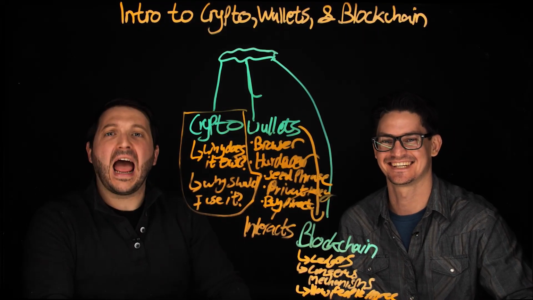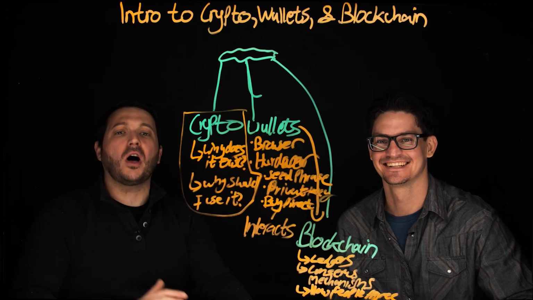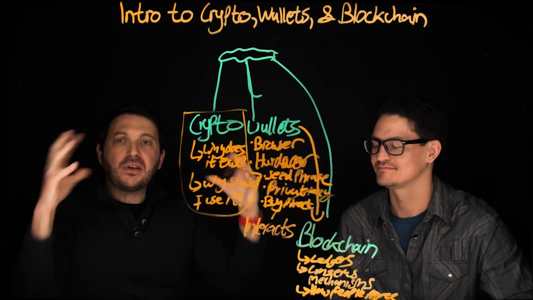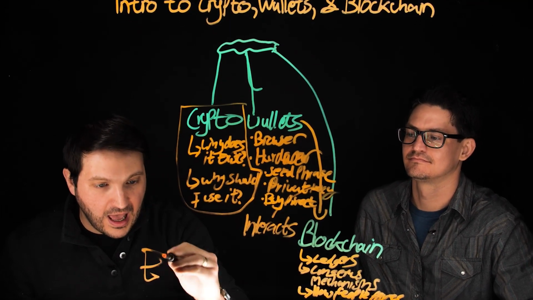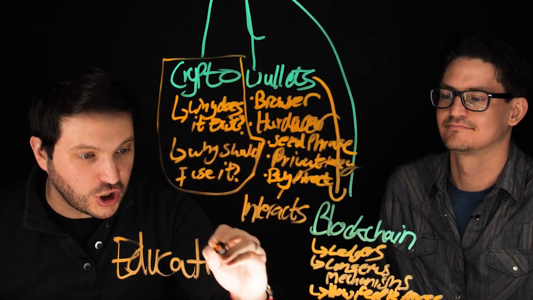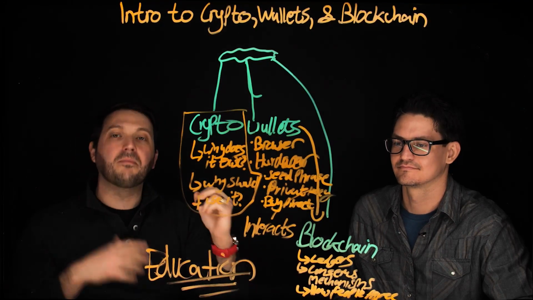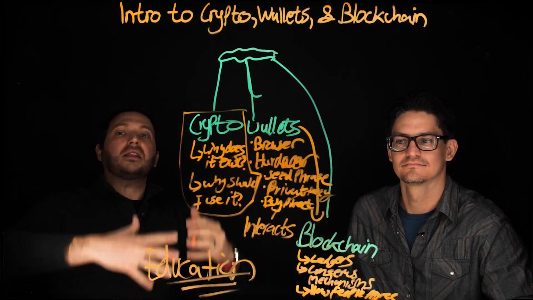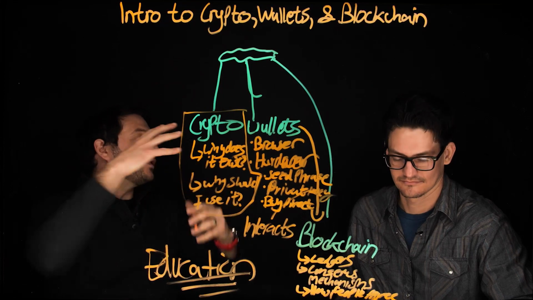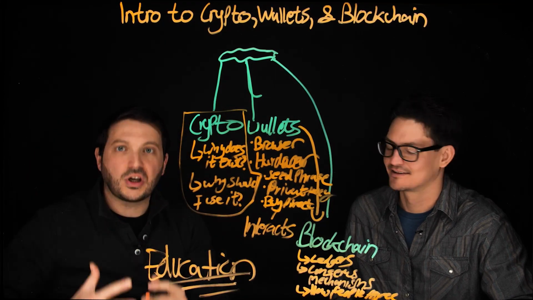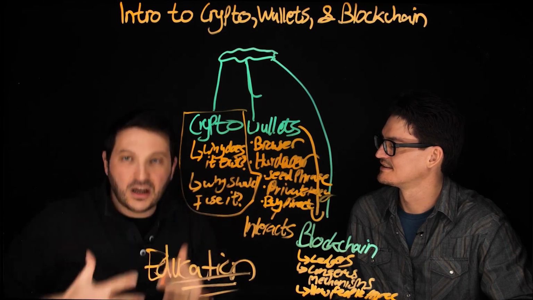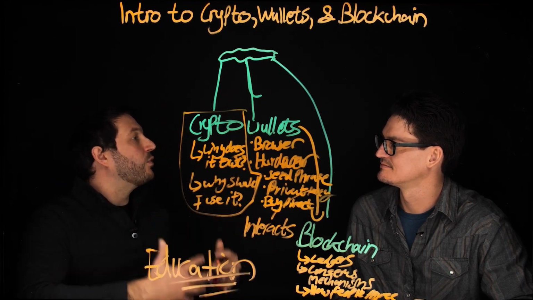Challenge complete, everybody. And what this all comes down to, everything that Dylan was sharing, comes down to one word: education. It is all about education, just like the stock markets, or if you're trying to get into options, or just even the New York Stock Exchange. If you're not financially educated, you're going to make poor choices.